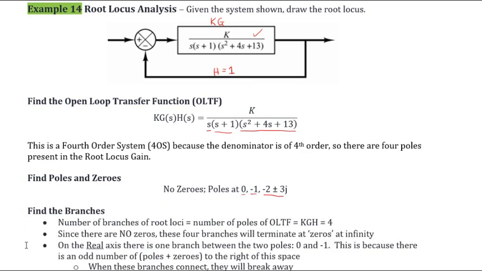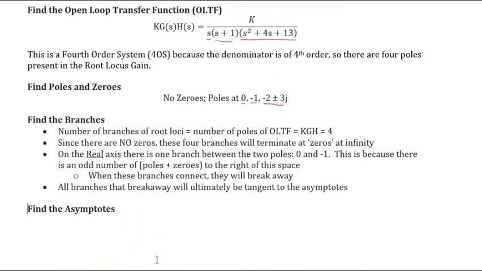Now about the branches. There are going to be 4 branches because we have 4 poles, so that's shown here. We also see that because we have no zeros, all of the branches will terminate at zeros at infinity.